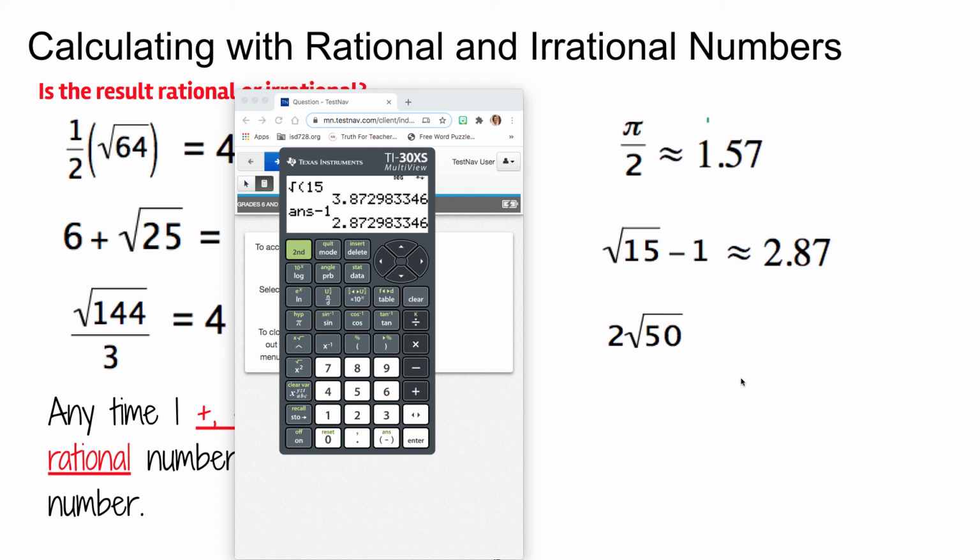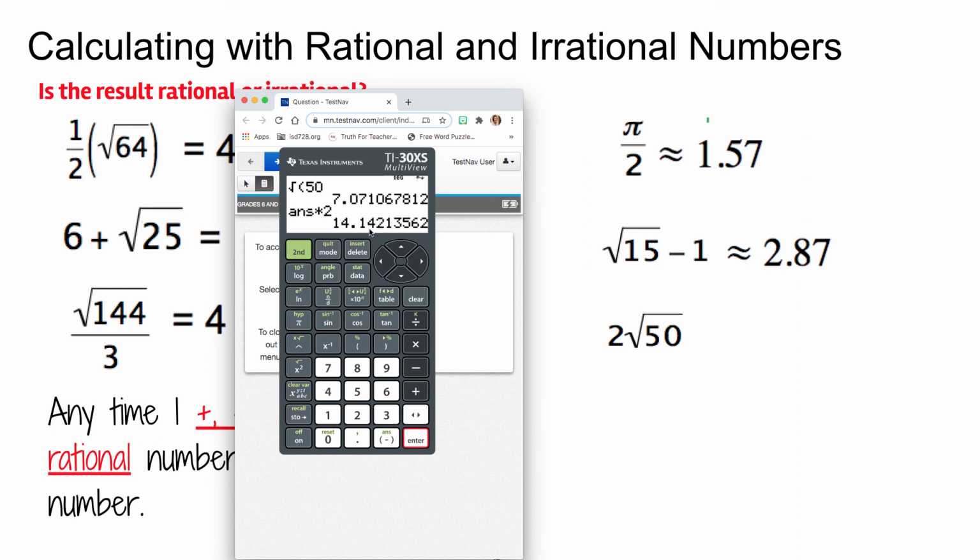Look at the last one, the square root of 50 times 2. So let's type that in our calculator. The square root of 50, hit enter, times 2. You don't want 2 to be part of the square root up there, so that's why I said hit enter. I get 14.142135562. Is there any pattern to this decimal? No. Does it stop?